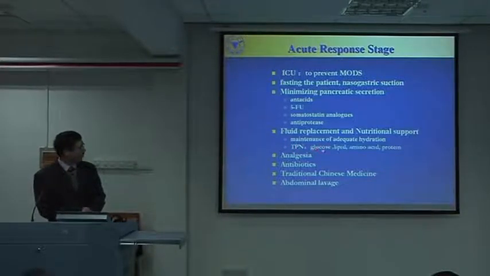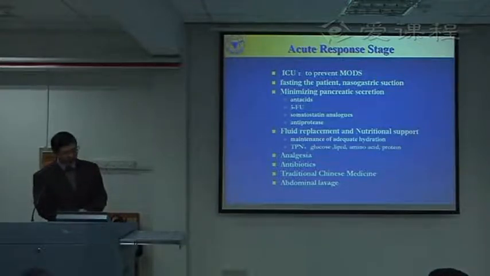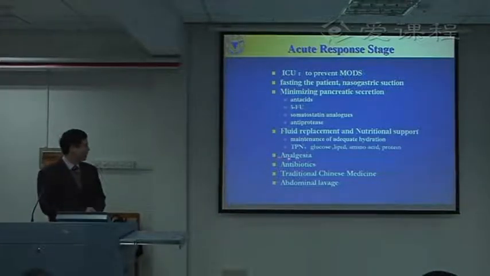And the glucose, including glucose, lipid, amino acid. Sometimes we should give protein, albumin, and plasma, like that. And because the acute pancreatitis patient will feel severe abdominal pain, we also can use analgesic.